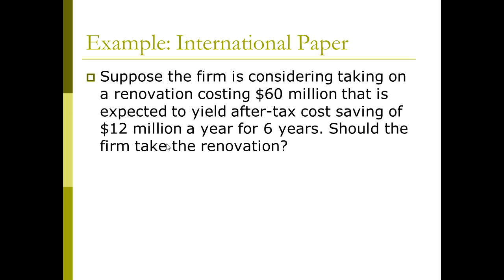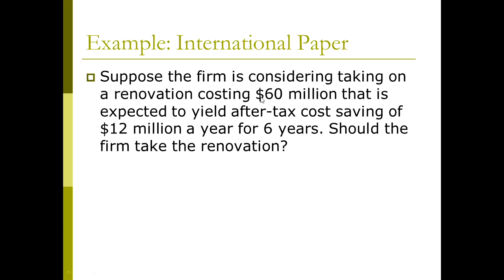So will the company take the renovation or not? What should we do? We should calculate the net present value, right? So why don't you stop the video here, pause it, and calculate the net present value, using the WACC we calculated in the previous slides as the discount rate.